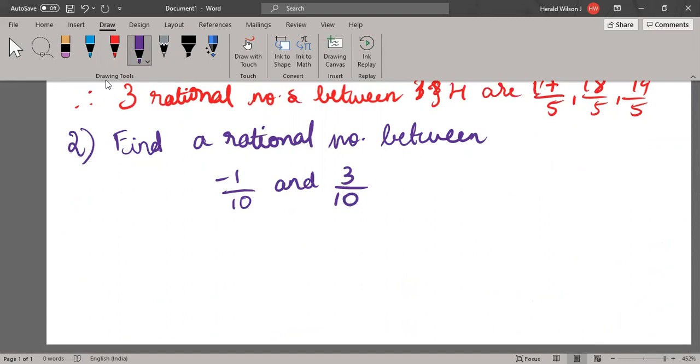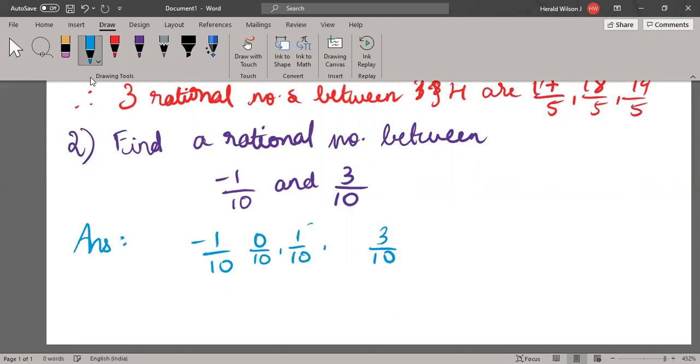Now, of course, between these, I can easily take a rational number. Let me just show you. Between minus 1 by 10 and 3 by 10, what numbers are there? You can take 0 by 10, 1 by 10, and 2 by 10. You can take any rational number here.